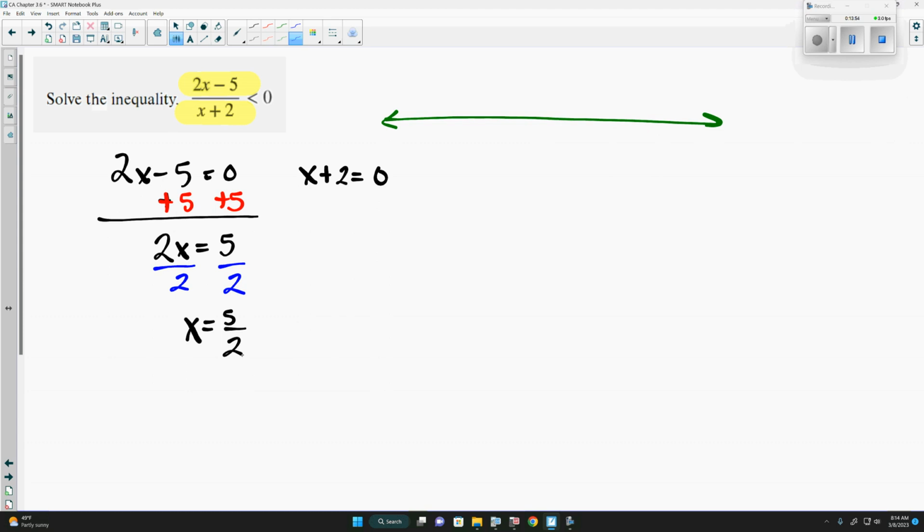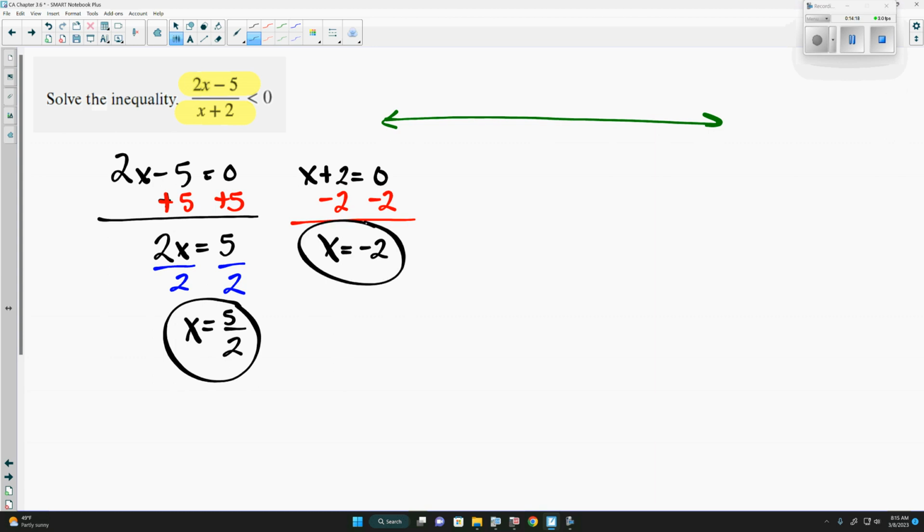So there's one of our key points. If the value of x is 5/2, the numerator will be 0, and if the numerator of a fraction is 0, then the whole thing will be 0. We also have to solve x plus 2. So the first thing we can do is subtract 2, telling us x is negative 2. This here is our other key point.